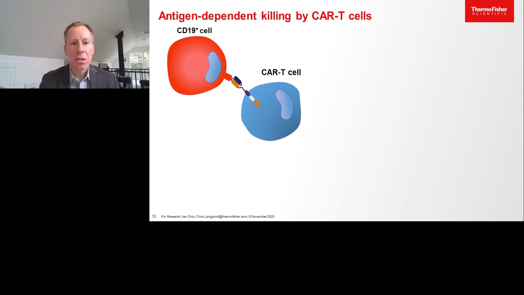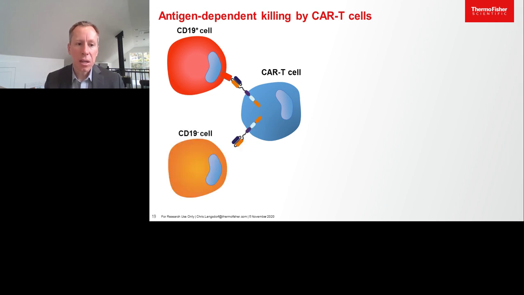And often this antigen is CD19, which is expressed on both healthy B cells and a variety of B cell derived cancers. And so what's important here is that not only does the CAR T cell specifically kill a target cell, but it does not kill cells that lack that receptor. And so it's a good targeted therapy.